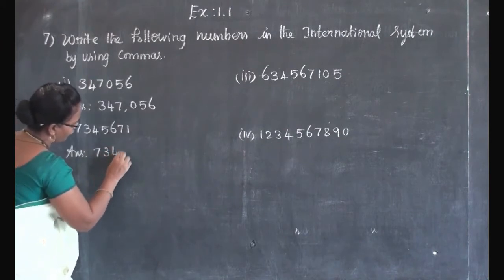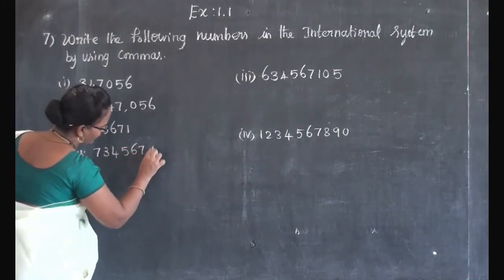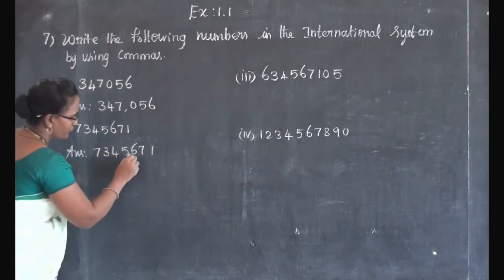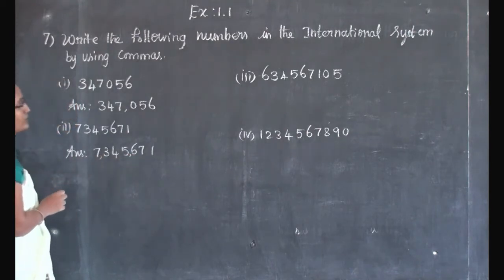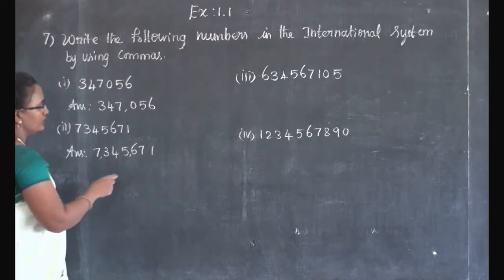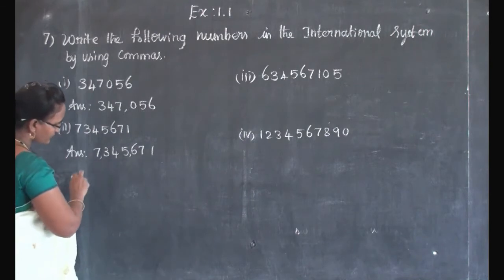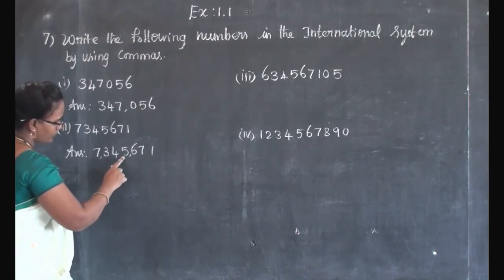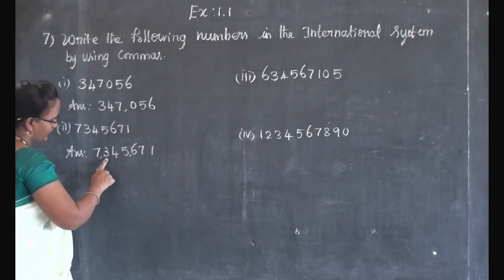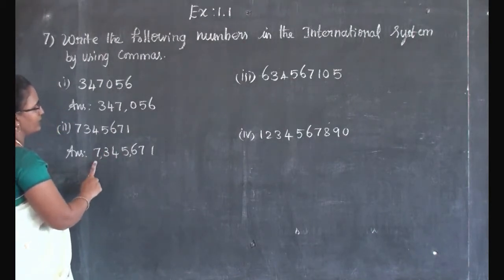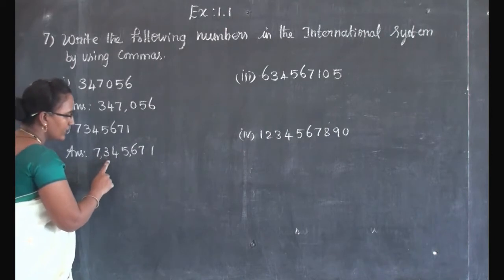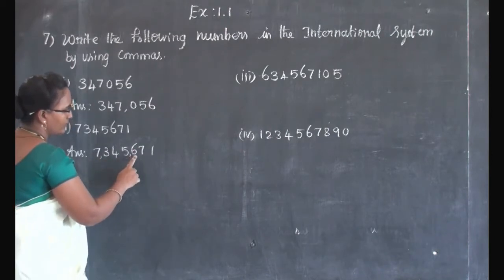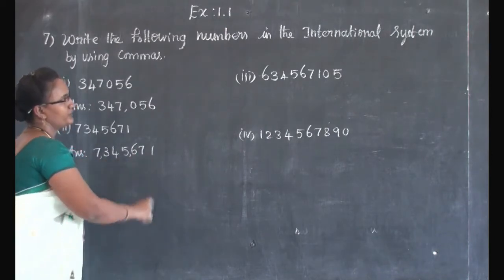And then the second one: 7, 3, 4, 5, 6, 7, 1. After every 3 digits we put commas in the international system. Here how will you read that? Ones, tens, hundreds, thousand, 10,000, 100,000, and then million. So 7,345,671.